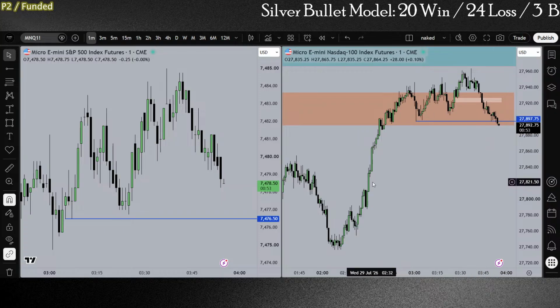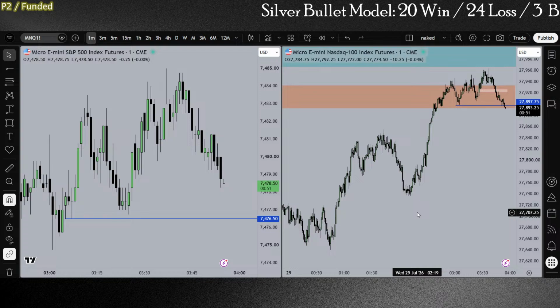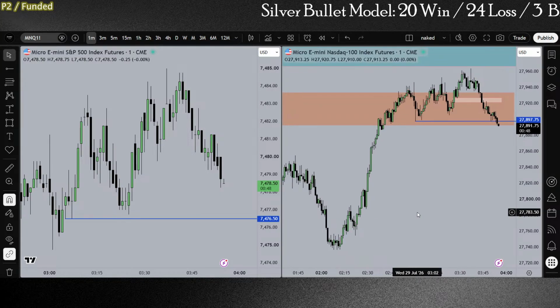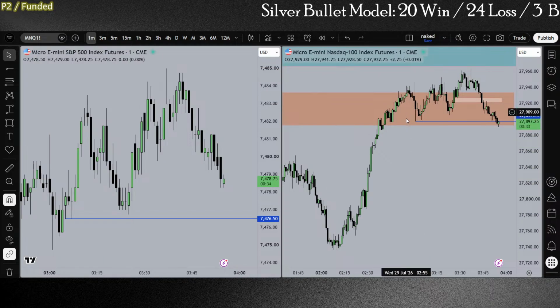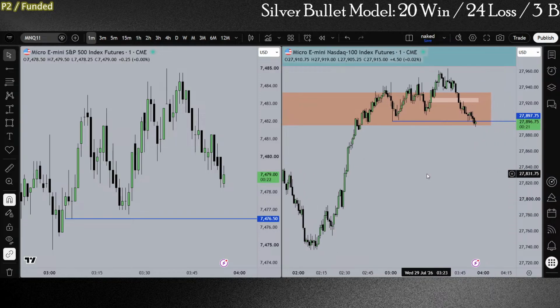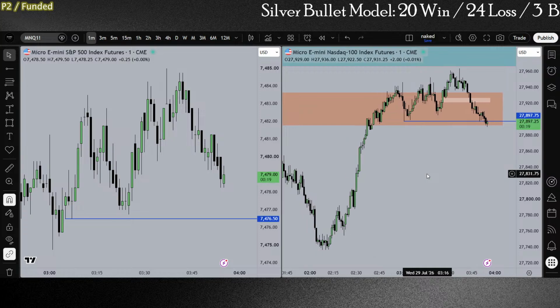That doesn't need to unfold completely, right? That's definitely an idea to watch and study. But the price is kind of sloppy, so it's hard to expect a very clean market maker model like that, but something to watch and study for sure.